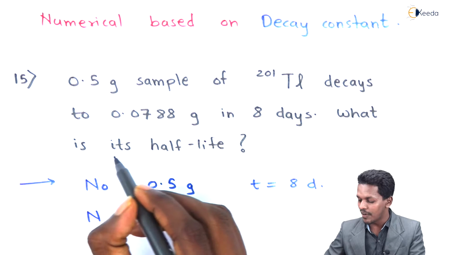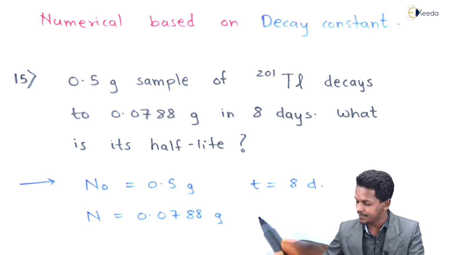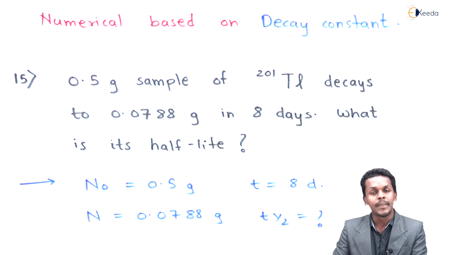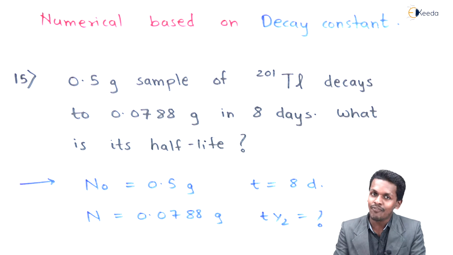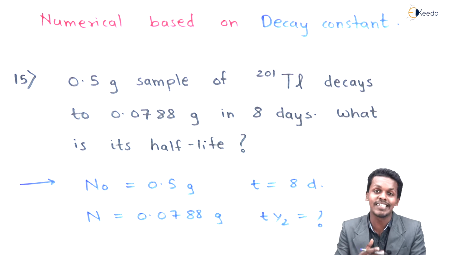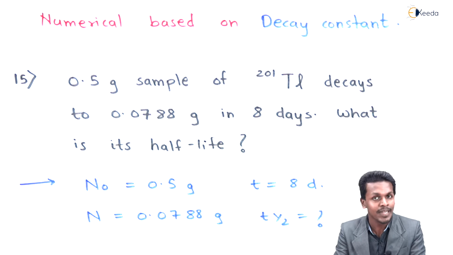So we have to calculate the half-life, that is t half. But t half can only be calculated if we have the value of the decay constant. Based on these three data which we have right now, we can easily calculate the decay constant, and from that we can easily calculate the half-life.